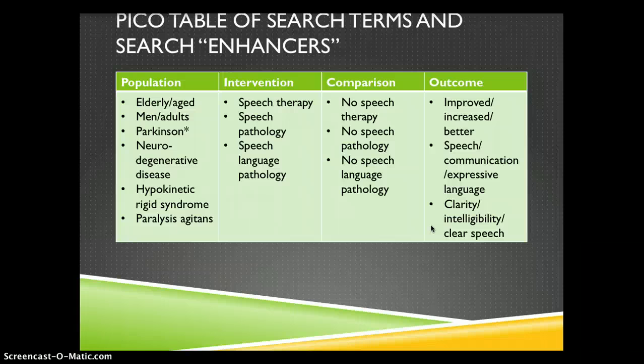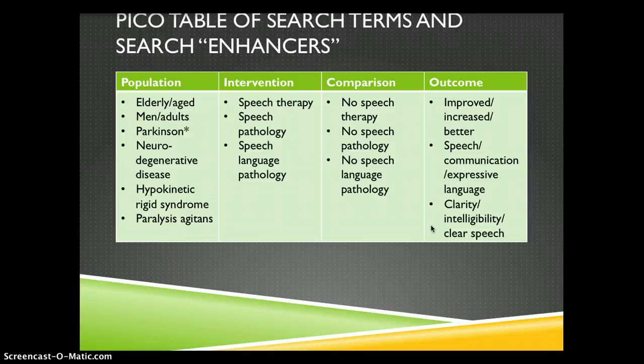You can use a truncation of Parkinson with the star at the end, and that will bring up Parkinsonism, Parkinson's disease, and any related terms. Could also look at neurodegenerative disease, hypokinetic rigid syndrome and paralysis agitans, which are synonyms for Parkinson's disease.